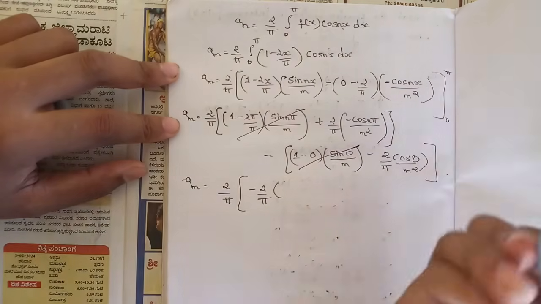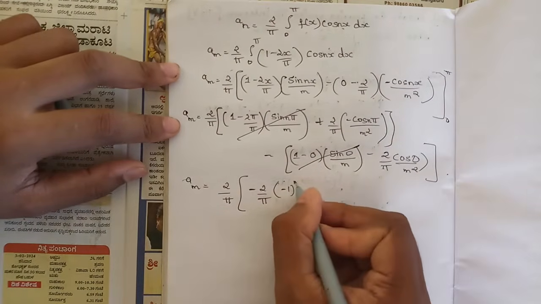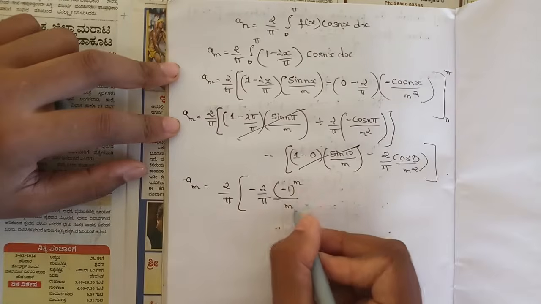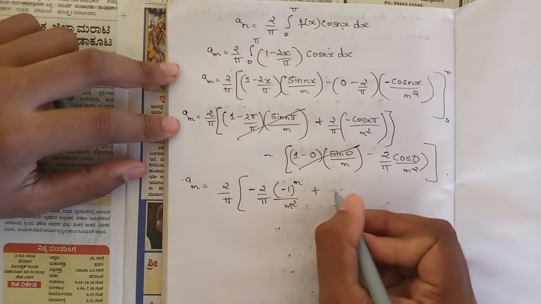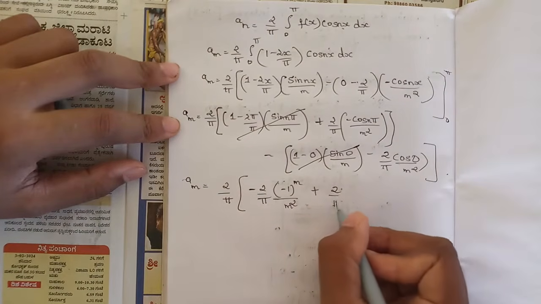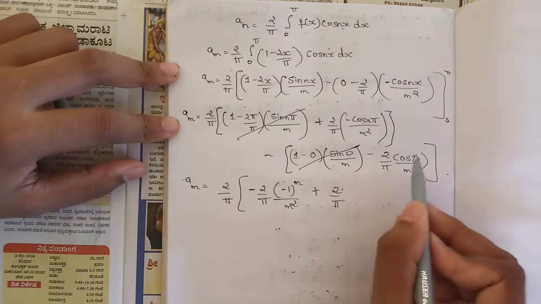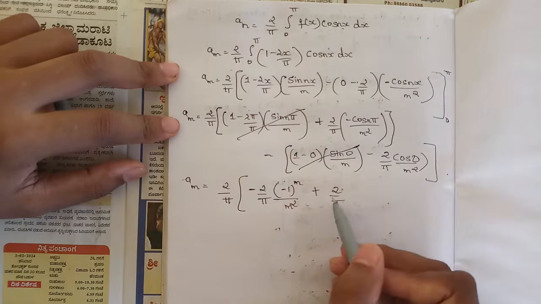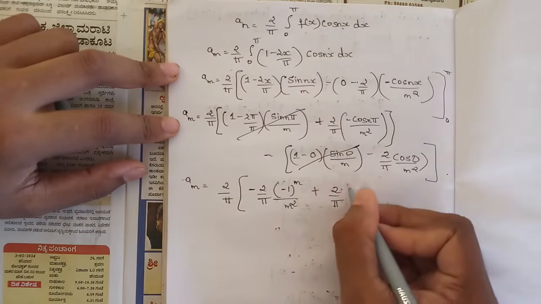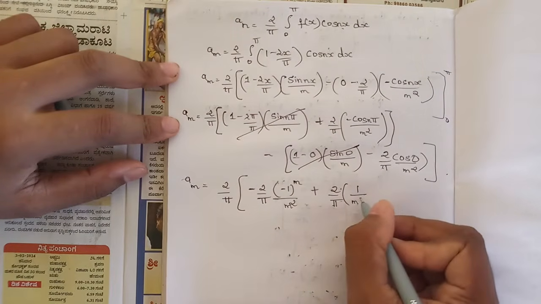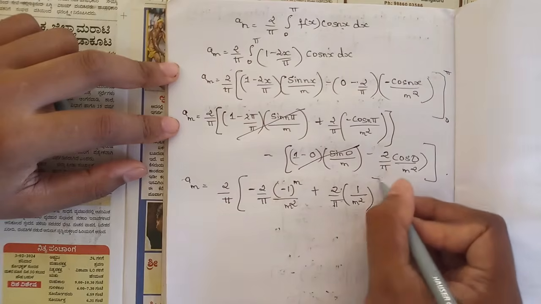The value of cos n pi is minus 1 to the power n by n square, plus 2 by pi. Here it becomes plus because there is a minus right outside. Minus into minus again becomes plus, so plus 2 by pi. The value of cos 0 is 1 by n square.